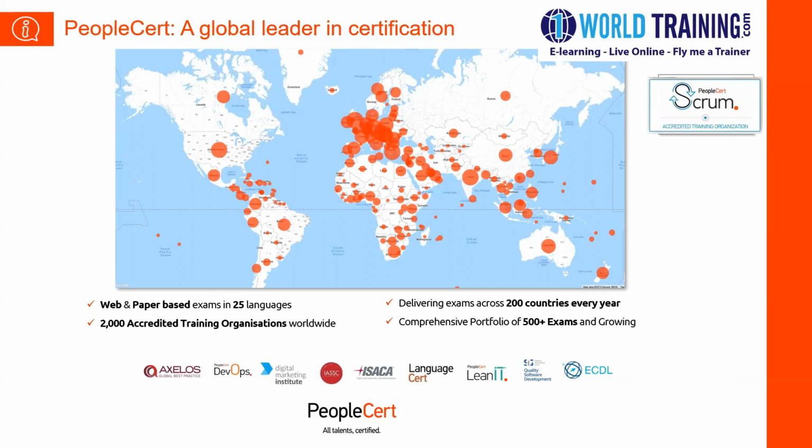Previously, it was paper-based as well, but now it is majorly web-based, and it has exams in more than 25 languages. It delivers exams across more than 200 countries every year, and it has a portfolio of more than 500 exams, and it is growing as well. So that's in a nutshell about PeopleCert as a global leader in certification.